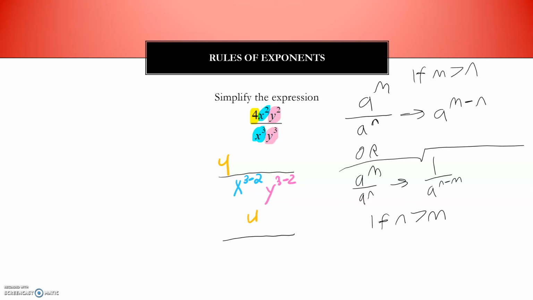So we have 4, and then x to the 1, or just x, and then 3 minus 2, so y to the 1 in the denominator as well. And again, you could say that's 4 over xy. So the division rule, basic version: subtract the exponents, and you should always subtract larger minus smaller.